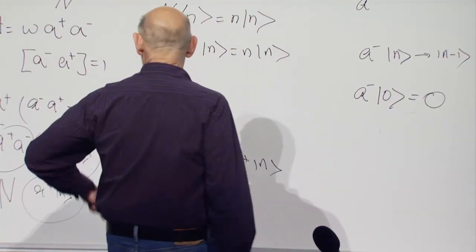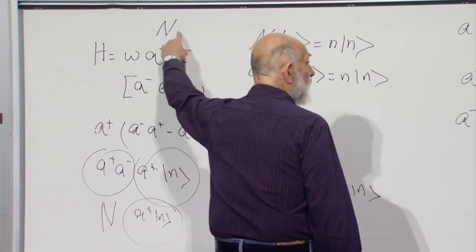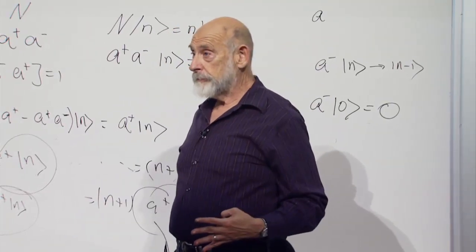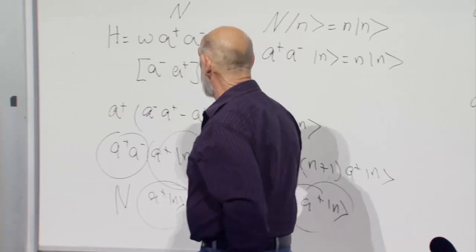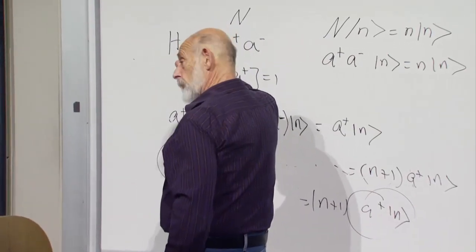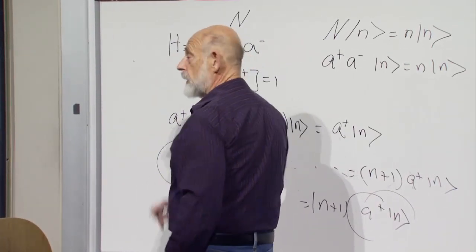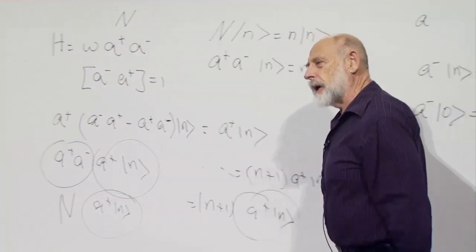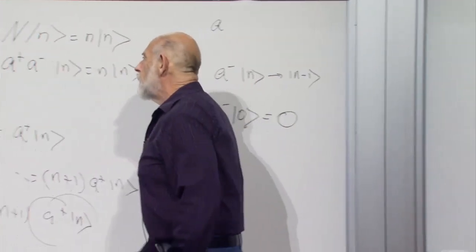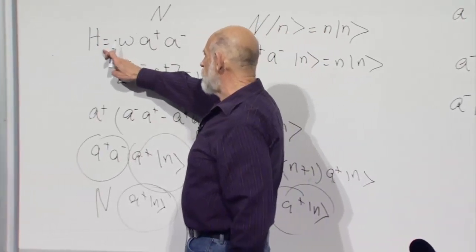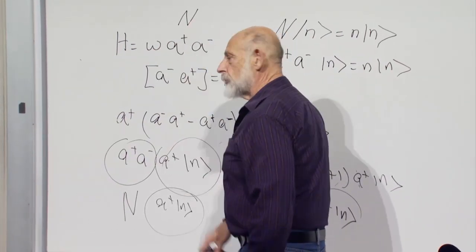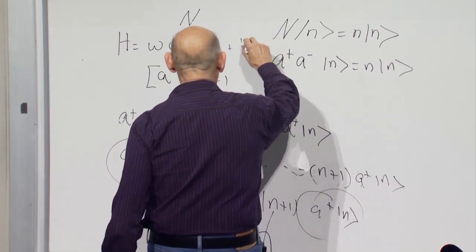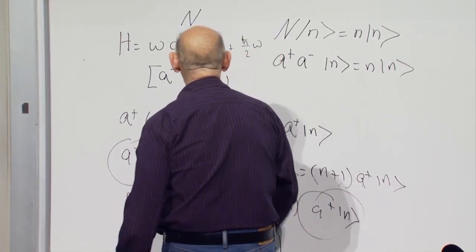The answer is that the spectrum of capital N here is all of the integers starting at 0. So that tells us that the energy spectrum is omega times an integer. There is an h bar in here, and I'll tell you where the h bars are hiding next time. But it tells you that the energy spectrum is omega times an integer plus the famous 1/2 h bar omega that we threw away.